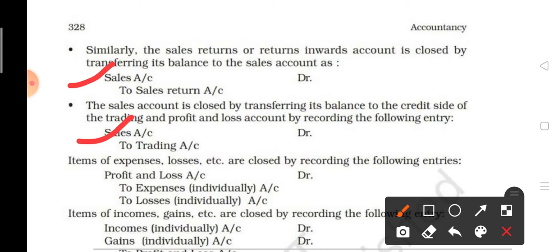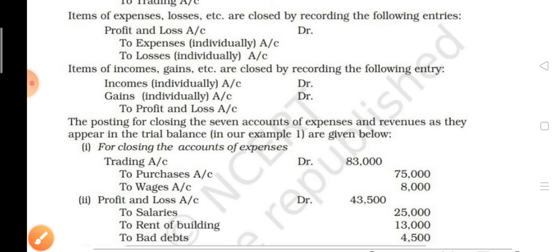Now items of expenses and losses are closed by recording the following entry. Some indirect expenses you have to transfer in such a way: profit and loss account to expenses or to losses. Then income or gains you have to transfer like this: income debit, gains debit to profit and loss account.